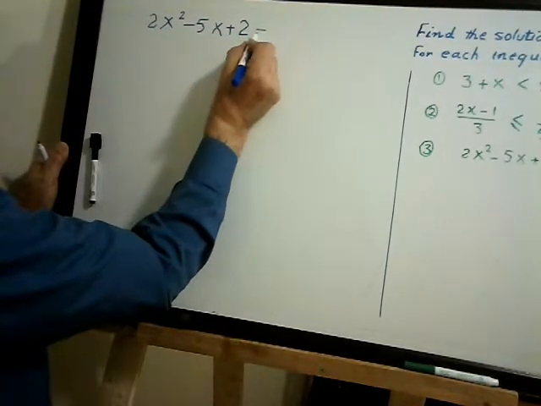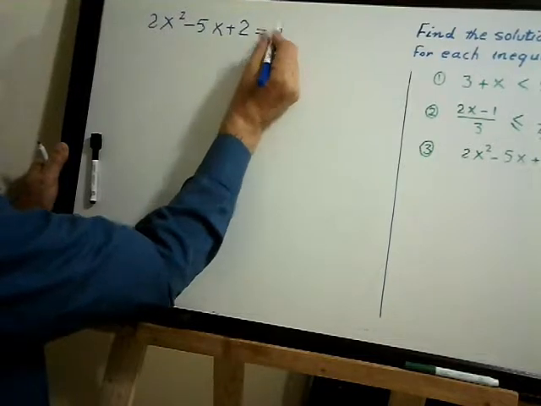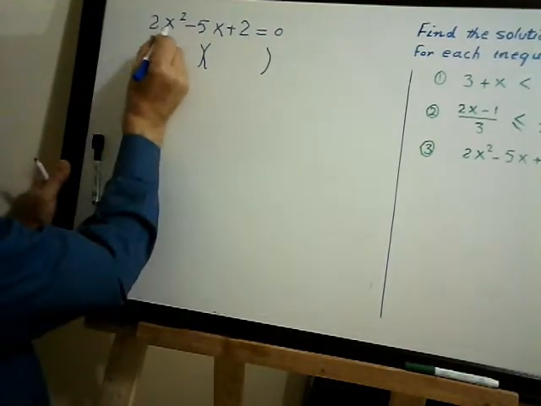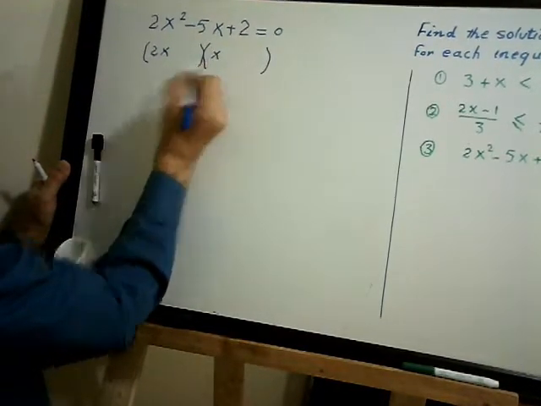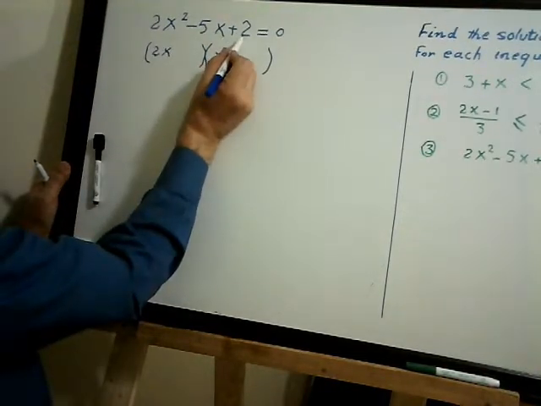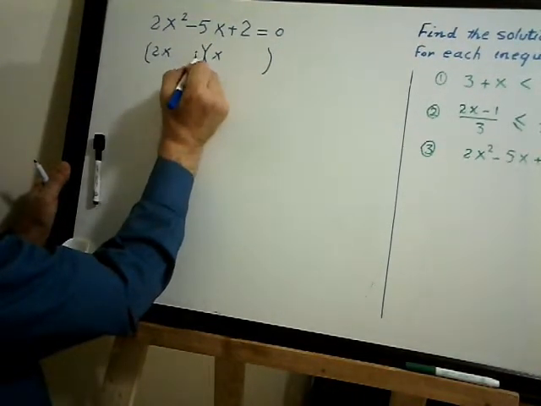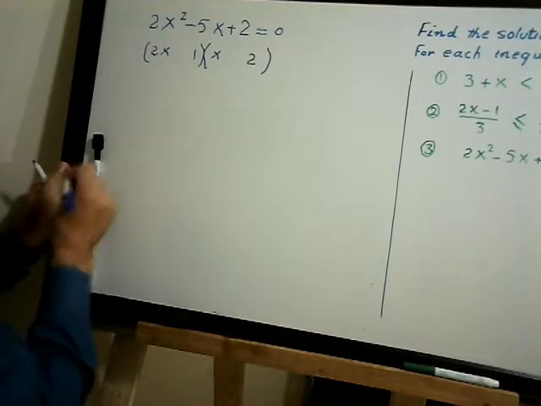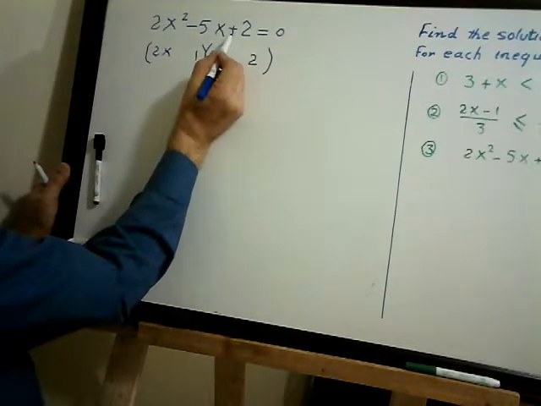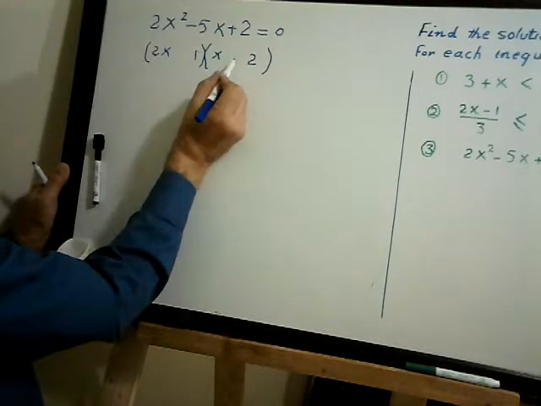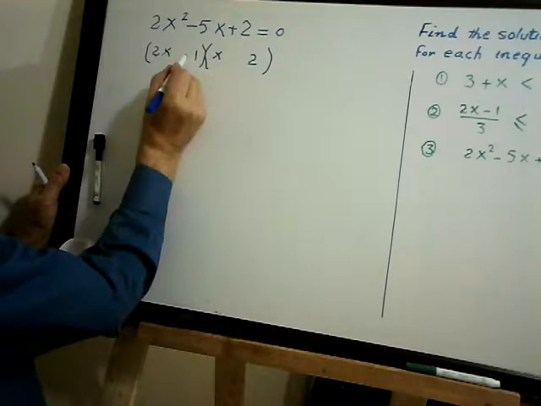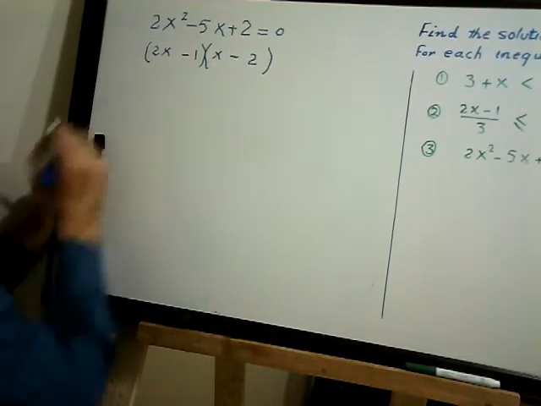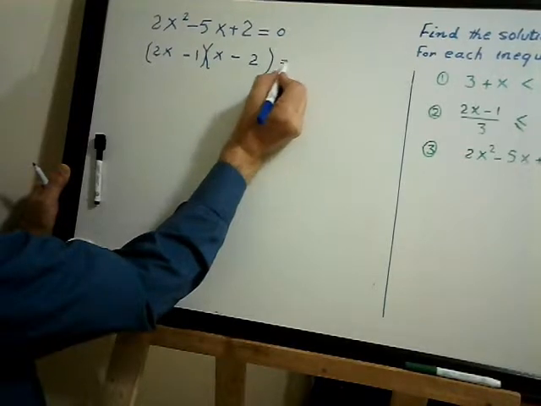In the equation, the sign should be equal. 2x and x, then this 2 will be 1 by 2, because it's positive. We put the two signs here the same, and since the middle is not positive, we put negative and negative, equal to 0.